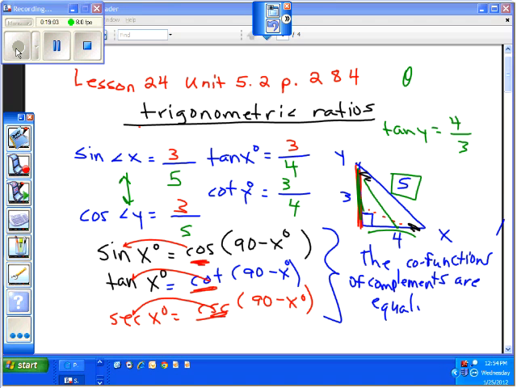What is the reciprocal of sine? Cosecant. What is the cofunction of sine? Cosine. The cofunction of sine is cosine. The reciprocal of sine is cosecant, you see. It's a little bit confusing. You've got to do a little studying because you'll get them mixed up. Okay? Any questions so far?